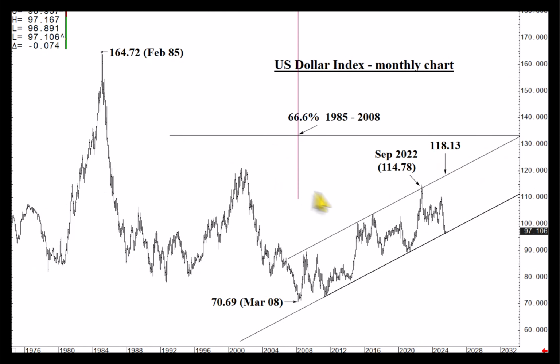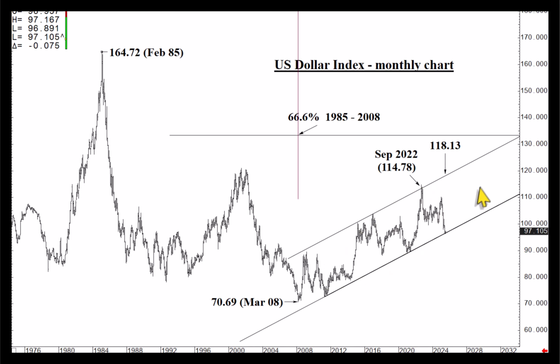If you recall, we've got a long-term rising channel top that was at 114.78 in September of 22. If you've been around long enough, you remember this video where I mentioned that this was significant resistance before we tested it. This 114.78 rising channel top, which is now, by the way, 118.13, well above the market.